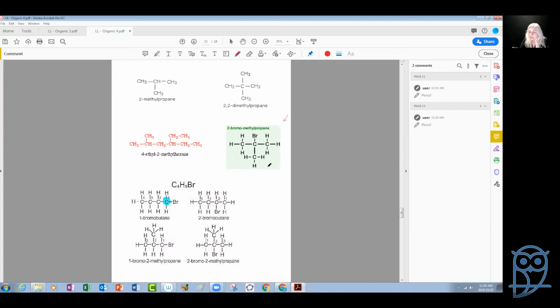The first thing is to identify the longest carbon chain to become our parent chain. If we go from left to right, we have 1, 2, 3 carbons. If we go zigzag, we have 1, 2, 3. So no matter how we go, the biggest chain of carbons is 3. So let's follow this to be our chain, 1, 2, 3 carbons.